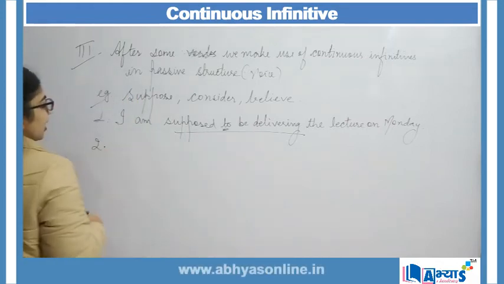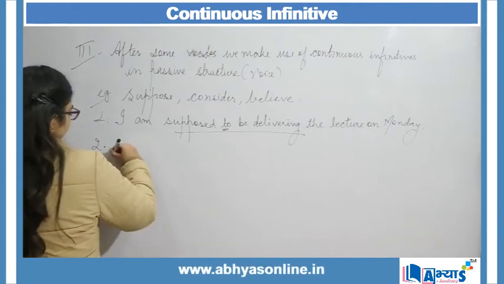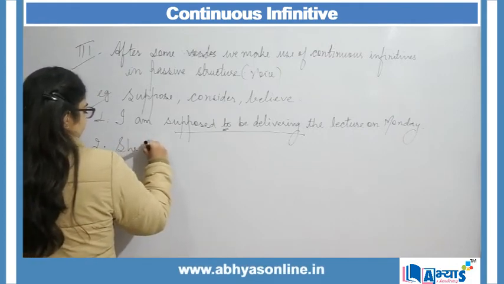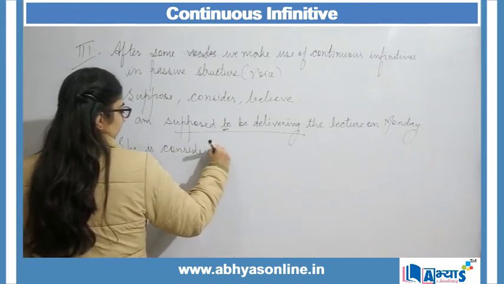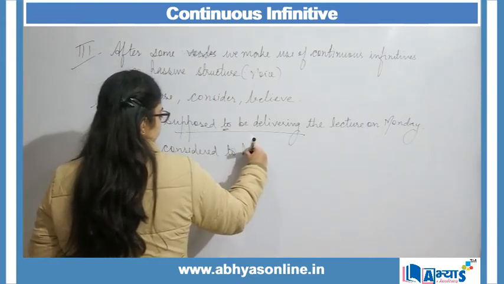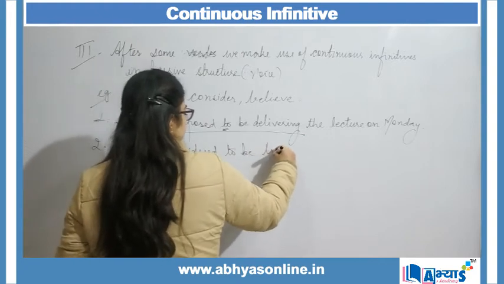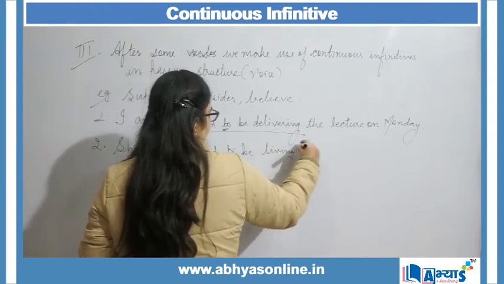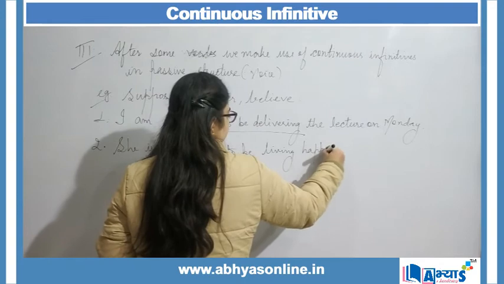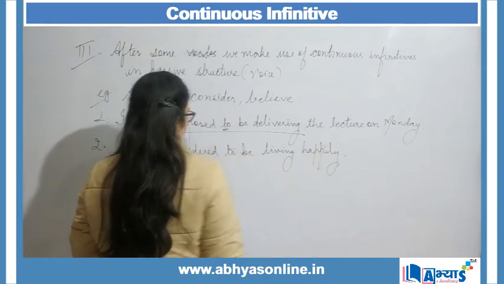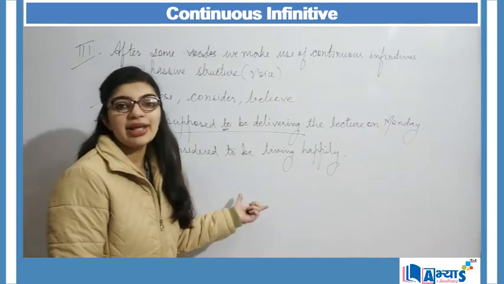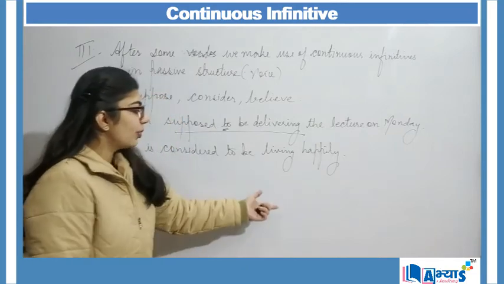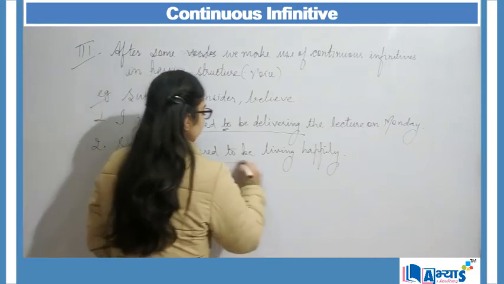Next example can be, she is considered to be living happily. When I say she is considered to be living happily, again this is my passive structure which has continuous infinitive in it.